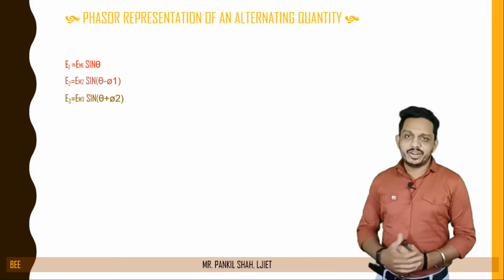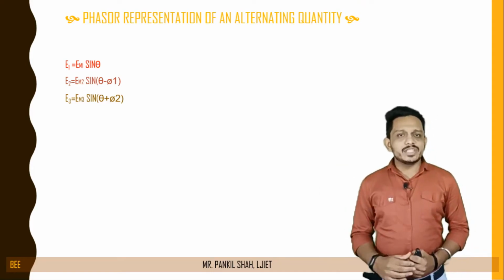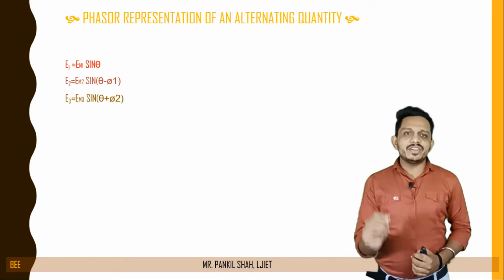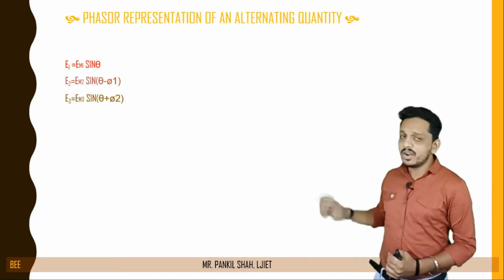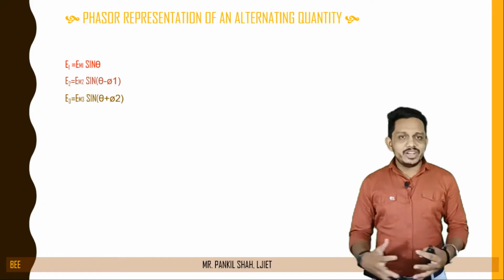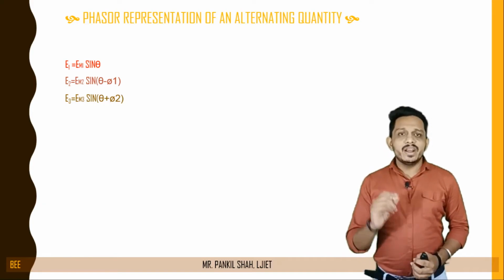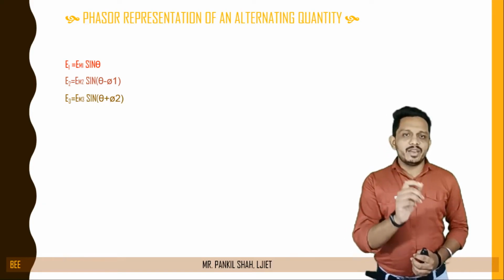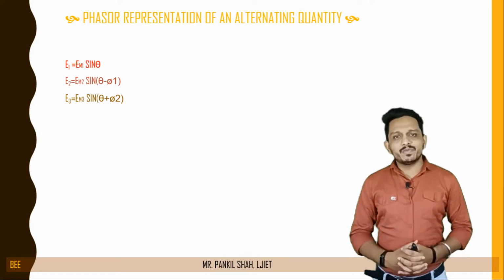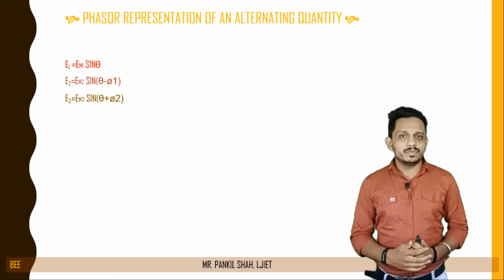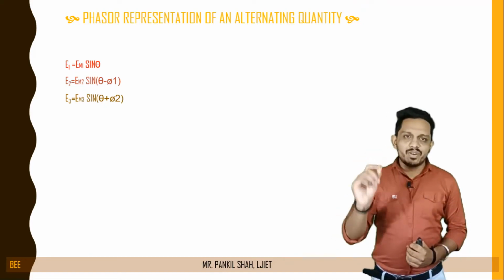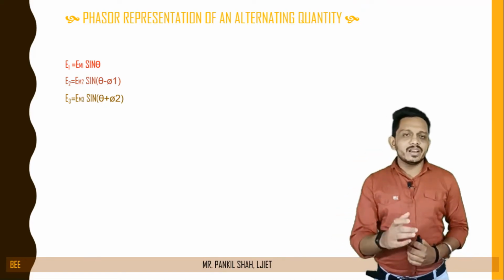Look at the second quantity, that is E2, and E2 is equal to EM2 sin theta minus phi 1. This minus phi 1 suggests that the second alternating quantity, E2, is lagging behind our first quantity by phi 1 angle.